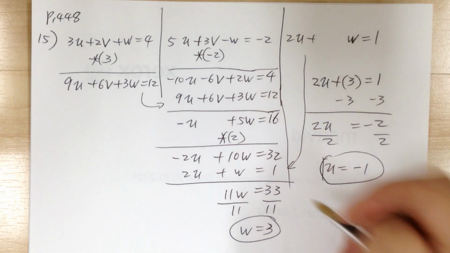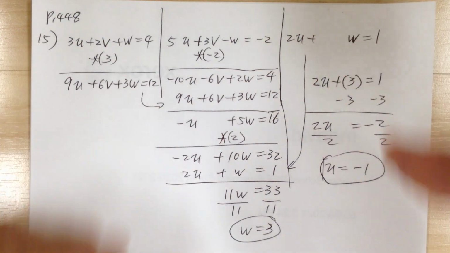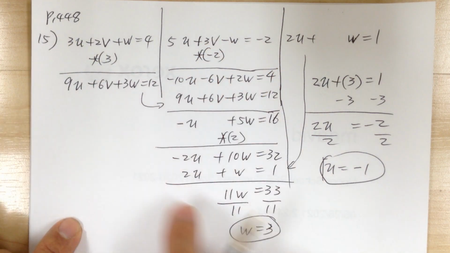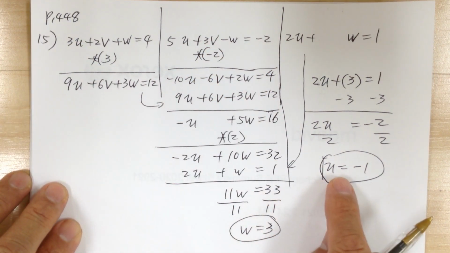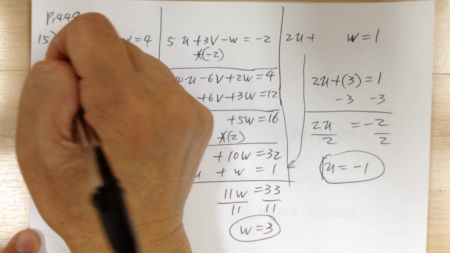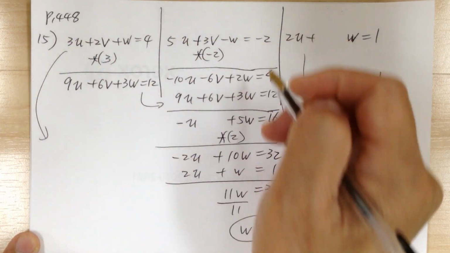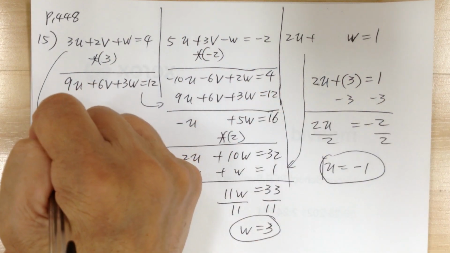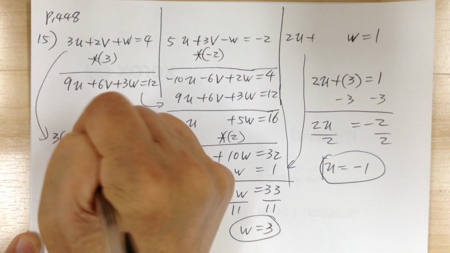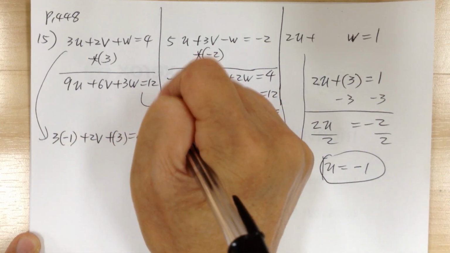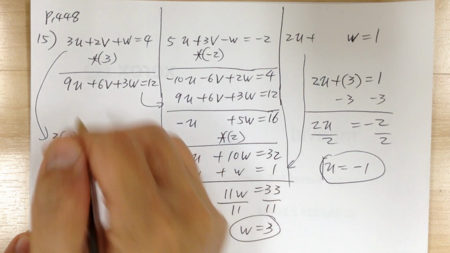Circle. Now to go back one more layer, go to the one with the 3 variables, over here, and solve for v. I'm going to use this one since I got lots of room over here, and this one does not have a subtraction. So 3 times u plus 2v plus w equal to 4. Work it out.